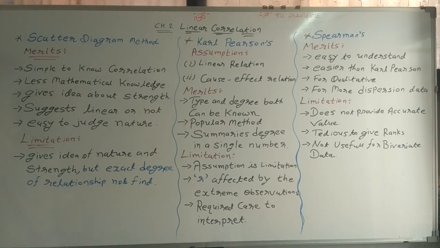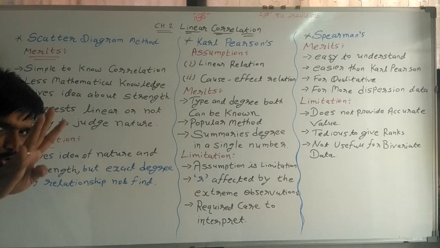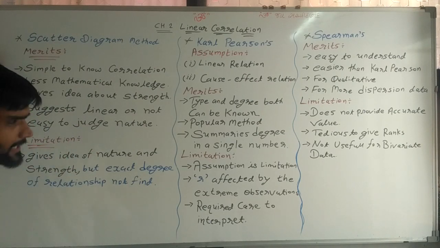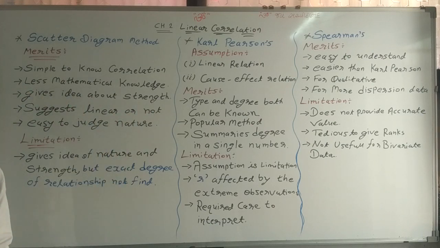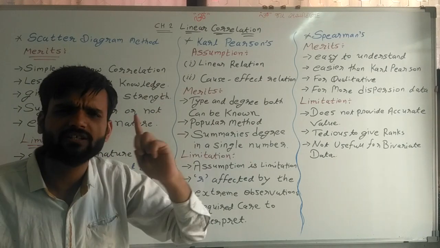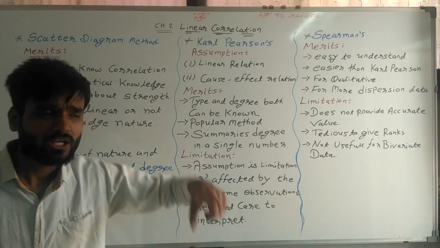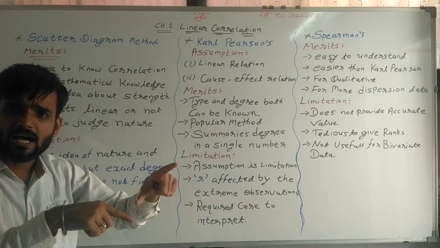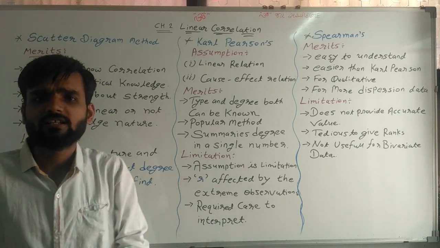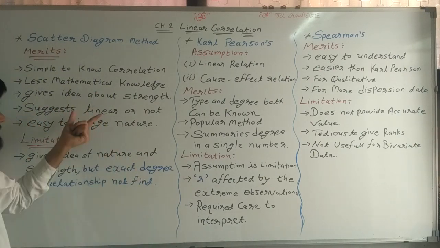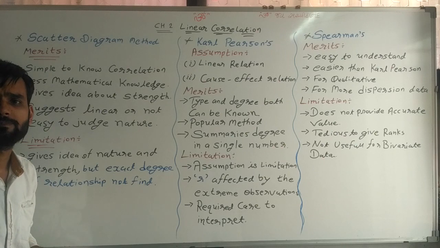So, three merits. Now, the fourth merit. Try to understand. It suggests linear or not. Remember my last lectures again. If points are nearer to the line or on the line, then we can say there is a linear relation.